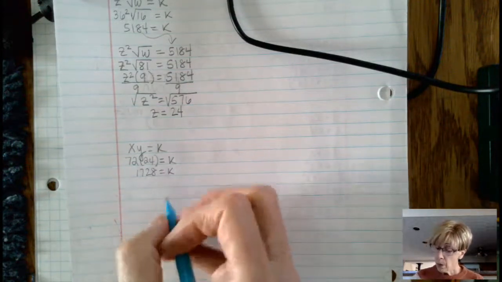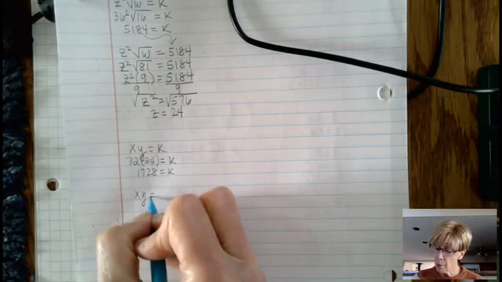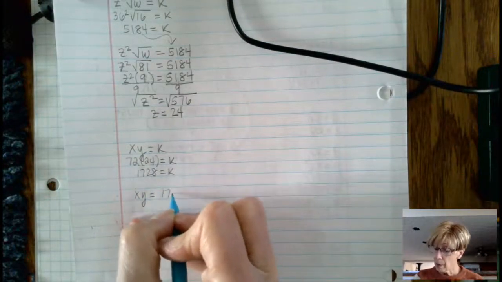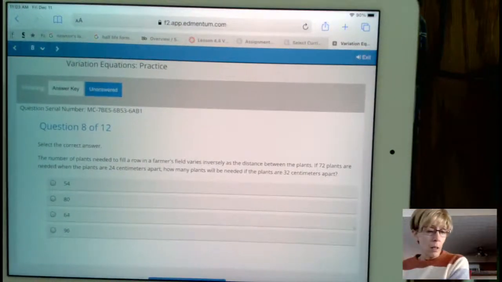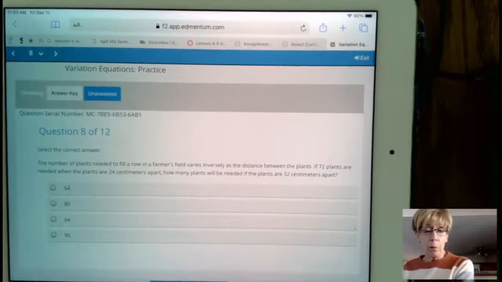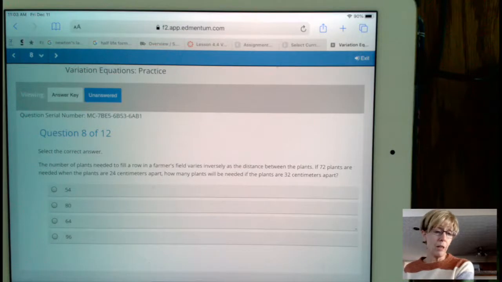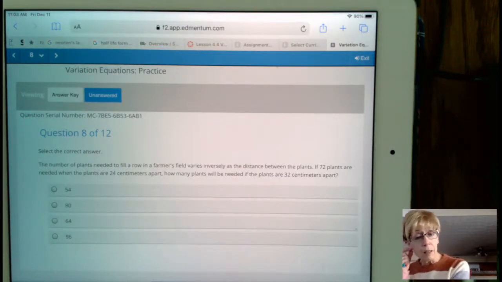So let's look at the problem again. We already dealt with if 72 plants are needed when the plants are 24 centimeters apart. How many plants will be needed when they are 32 centimeters apart? So essentially it's going to be x equals 1728, and then what we need to do is divide, and that's going to give us our value here.